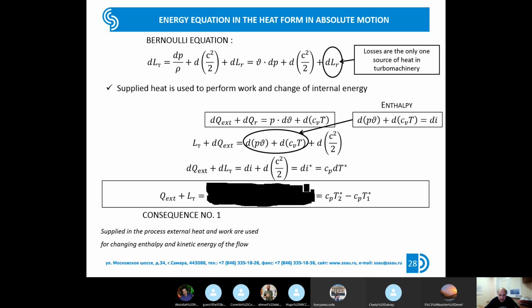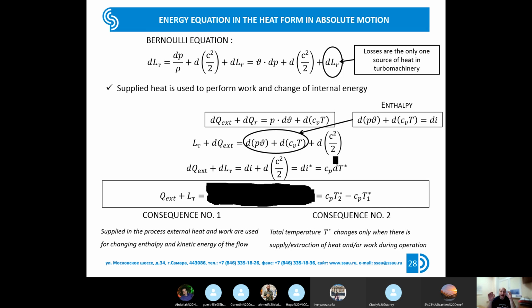What could we say about this equation? Total temperature will be changed only if you are supplying or extracting heat and mechanical work. It's a really very interesting conclusion.